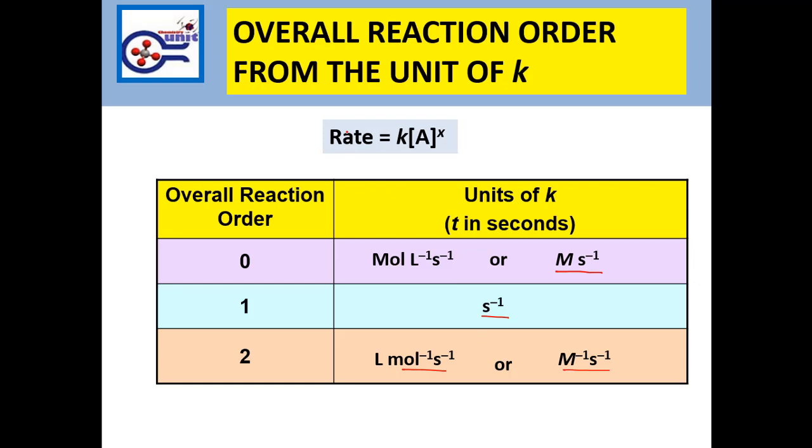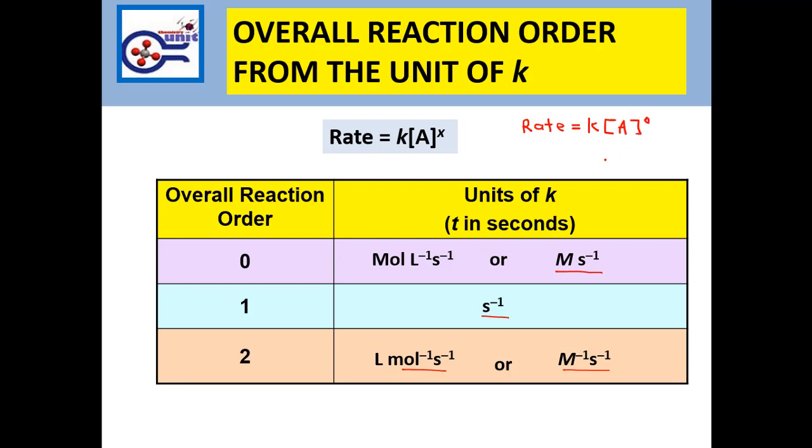So just give you an example lah. Katakan zero order reaction. Zero order reaction maksudnya concentration reactant kita tu to the power of 0 lah. Rate is equals to K[A] to the power of 0.